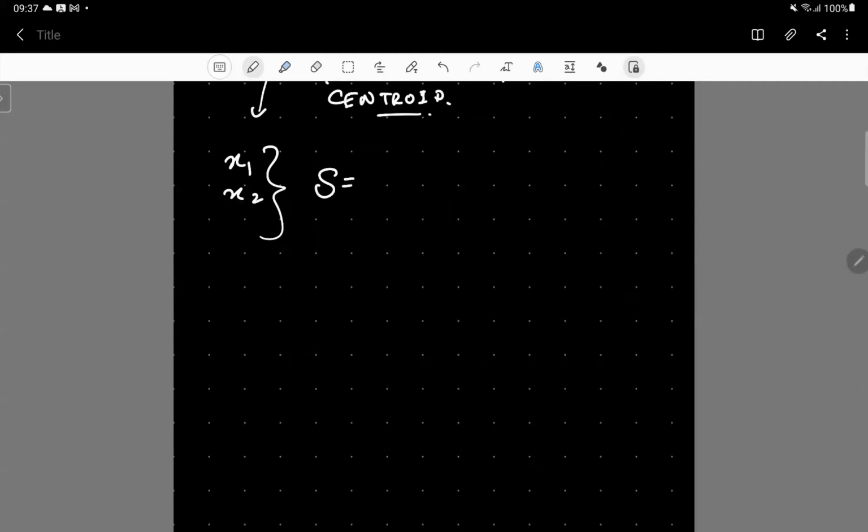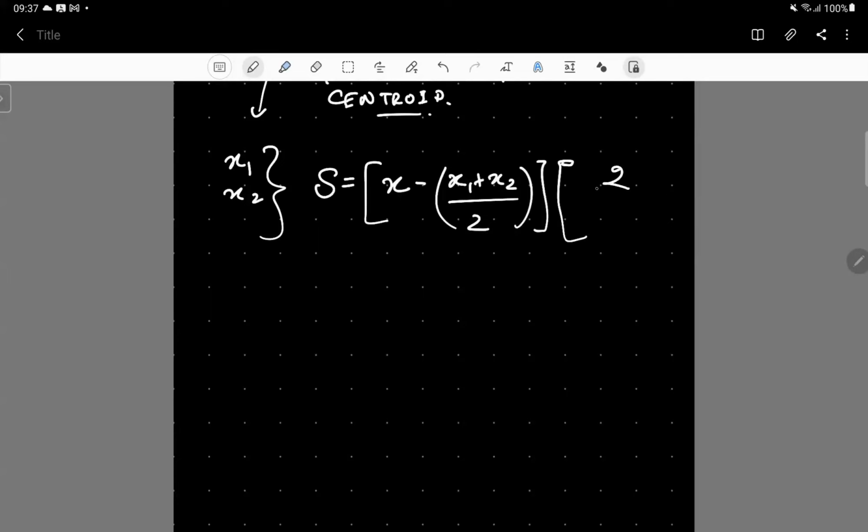You would be able to get a relationship given by this equation: s equals x minus (x1 plus x2), these are the coordinates in the global coordinate system, times 2 divided by x2 minus x1. All right, let's call it 7.1.1b.